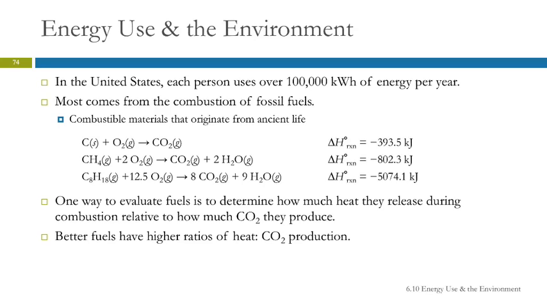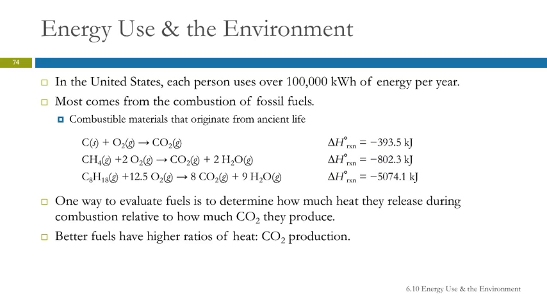So one way to evaluate fuels and say, well, this one's better for the environment and this one's worse, is to look at how much heat you get in relationship to how much carbon dioxide is produced. Because we're trying to reduce the amount of carbon dioxide that's present, right? So if you look at that, you could do this per mole of carbon dioxide. So this would be per 1 mole, this would be per 1 mole.